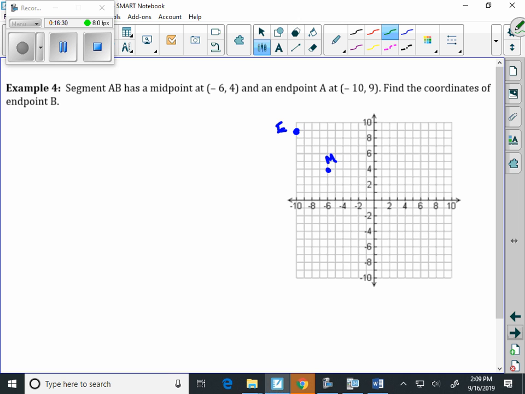We're going to go down 1, 2, 3, 4, 5, and then we're going to go to the right 1, 2, 3, 4. That got us, I already forgot what I said. Down 5, I think. 1, 2, 3, 4, 5. And to the right 4. That goes from the endpoint to the midpoint.